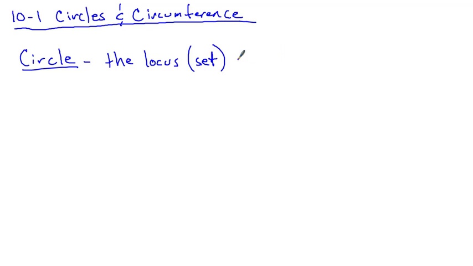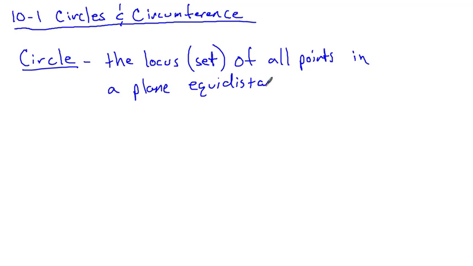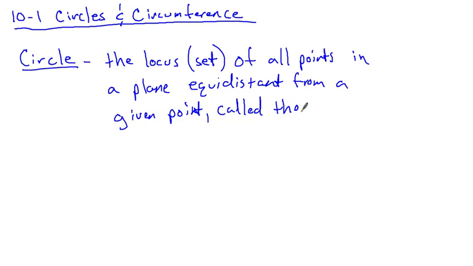So it's the locus or set of all points in a plane equidistant from a given point, called the center. Okay, so write all that down, and we'll give you a quick idea of what that means.